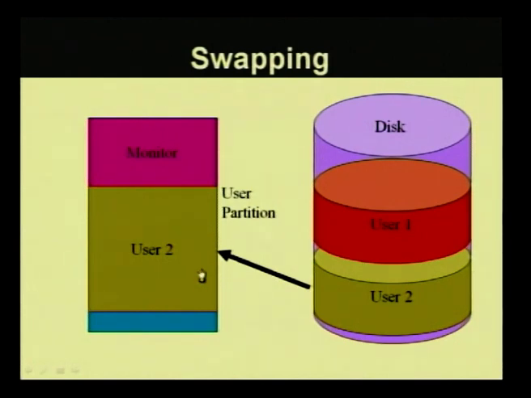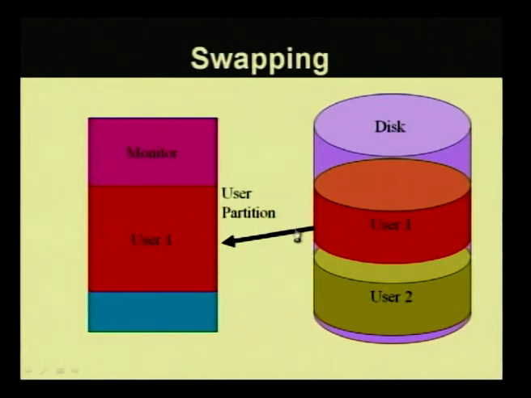After the full completion of user 2, it is basically moved back to the secondary storage, and next the process is to load the suspended user 1 back into its original memory area and resume its operation. Therefore, the total time taken to swap in and swap out both user 1 and user 2 is actually known as transfer time.